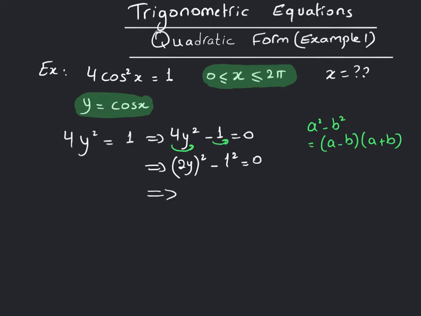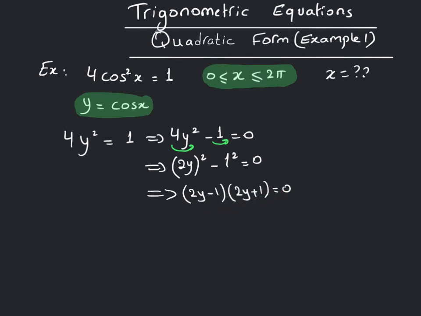Implies I'm supposed to factorize. So at the end I should have a factorized form. This is a squared minus b squared, so it's two factors, a minus b into a plus b. So it will be 2y minus 1 into 2y plus 1 equals 0. Now I have two factors whose product equals 0.